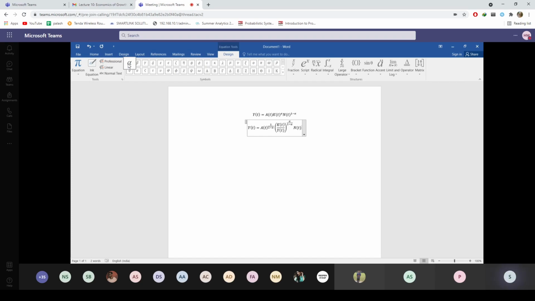This is the manipulation. You write it down in the per capita form, you get this.